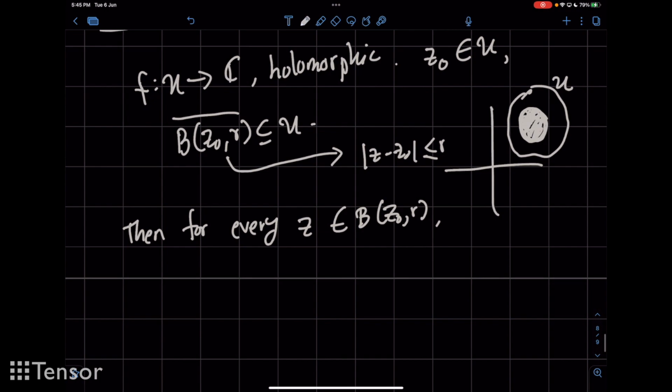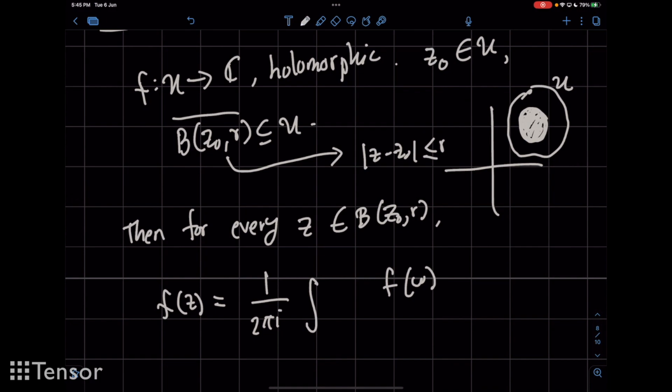I have a formula for f of z. So f of z is equal to 1 over 2 pi i times the integral of f of w over w minus z dw.